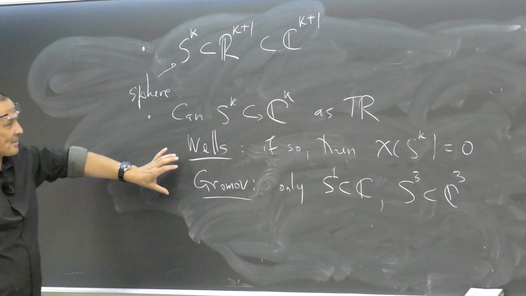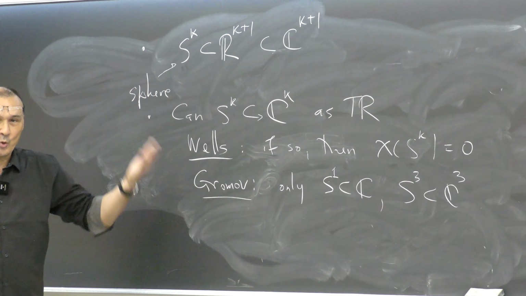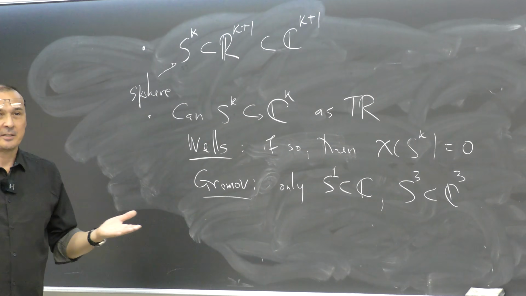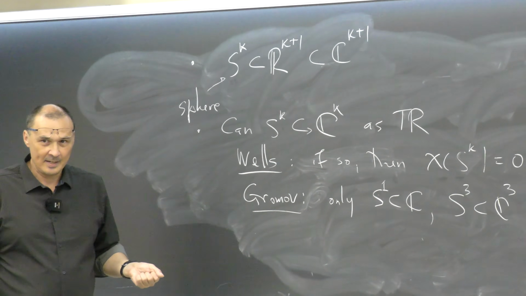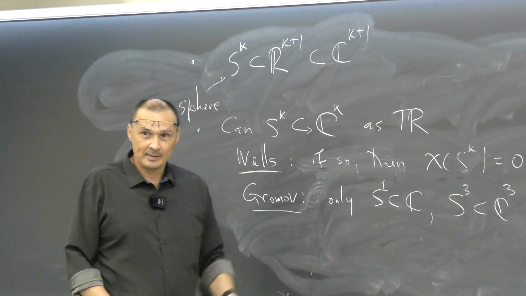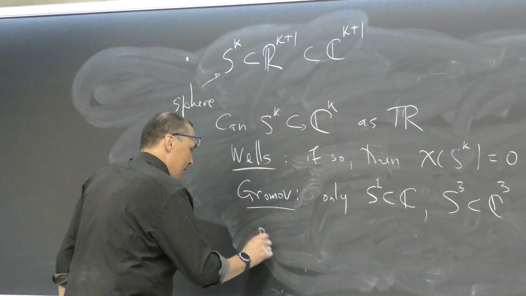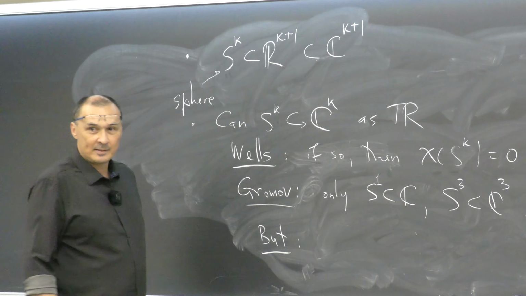Yes. So for totally real immersion, the if and only if condition is that the complexified tangent bundle is trivial. And in this case, for any sphere, it will be trivial. But that only gives you an immersion.